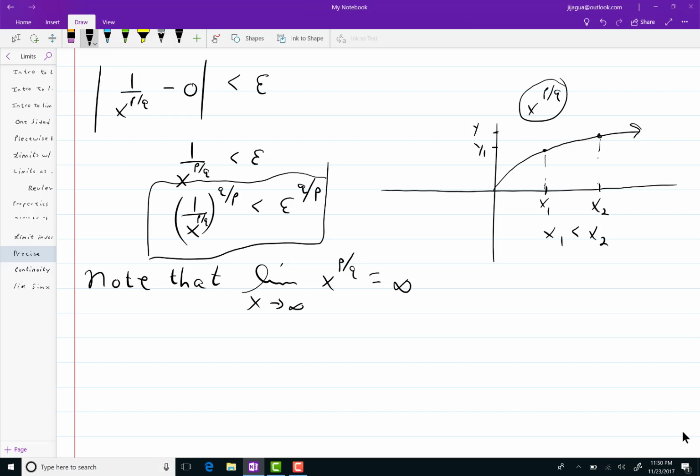Notice that y1 is also less than y2. In other words, I don't have to change the inequality because this original function preserves less than or greater than. Since x1 is less than x2, y1 is less than y2, and that's because of this graph.